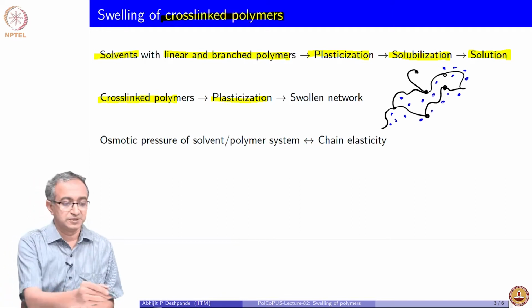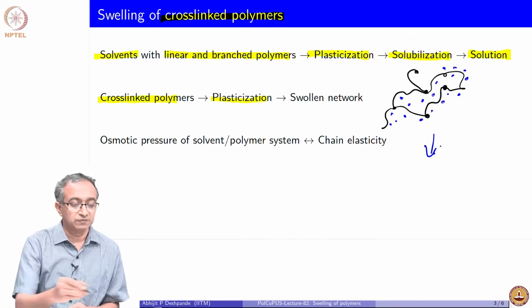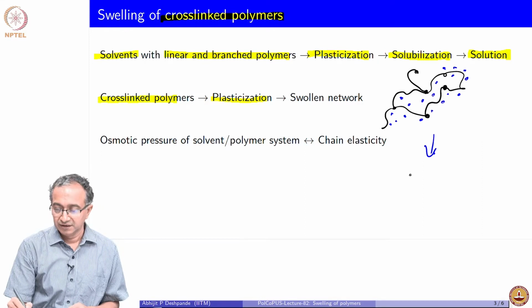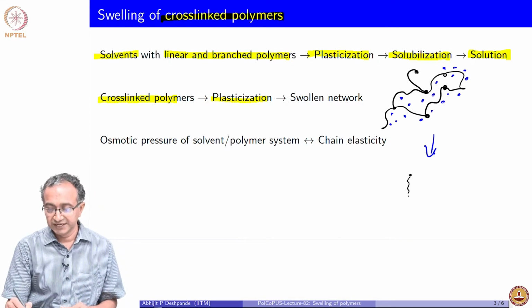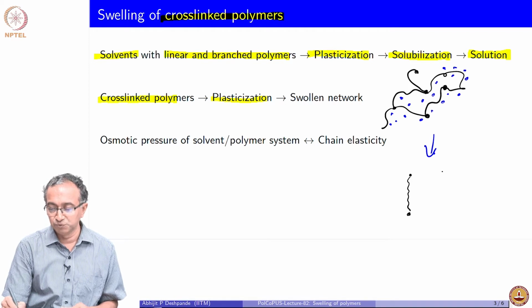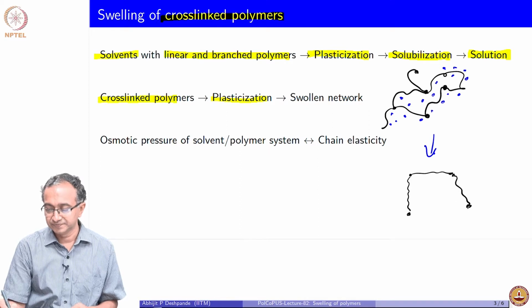Because of this, the network, which earlier had a lot of flexible chains, now has cross-link points moving away and you get largely stretched chains.